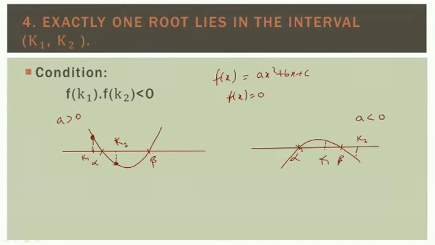Similarly, for the second case, if f of k1 is negative, f of k2 is positive. So we can easily say f of k1 into f of k2 is negative for one root to be lying in between k1 and k2. So this is the condition required for this case. So let's move on to the next case.